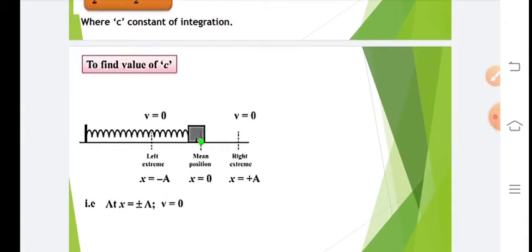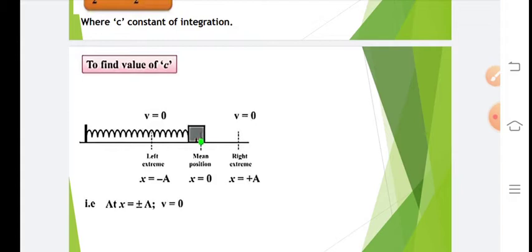Then to find the value of c, take again the same example. This is the mean position, right extreme position, and left extreme position. At the left extreme position, the value of v is equal to 0. At the right extreme position, again the value of v is equal to 0.